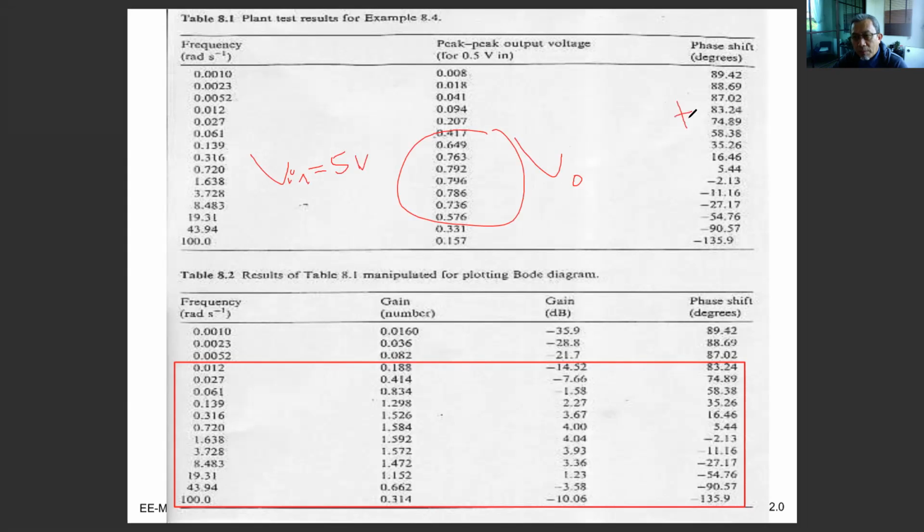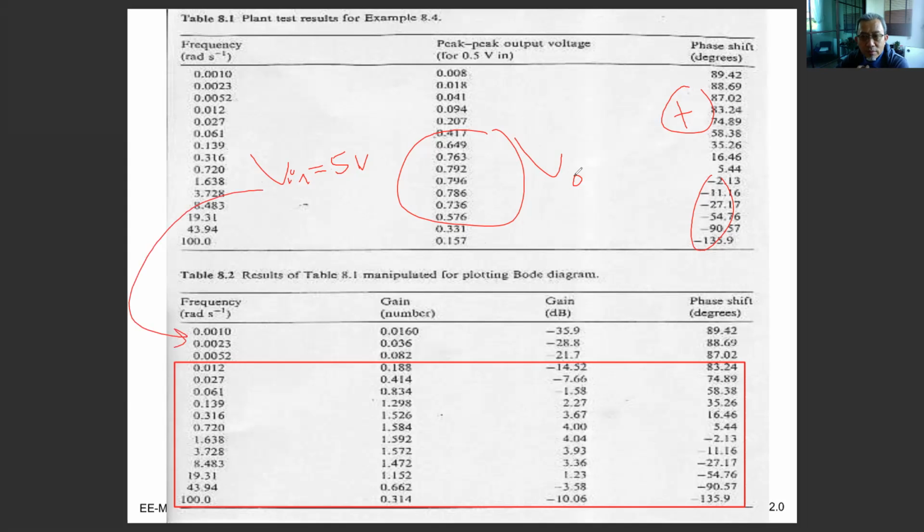And you can see that the phase is positive and negative, meaning that when the experiment is run, the output leading the input produces a positive phase shift, while the input leading the output produces a negative phase shift in degrees.